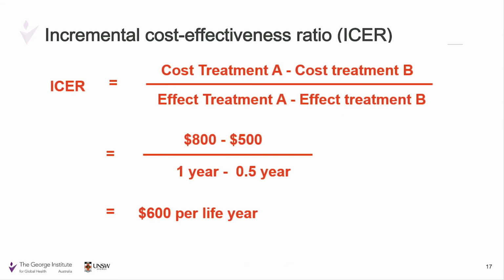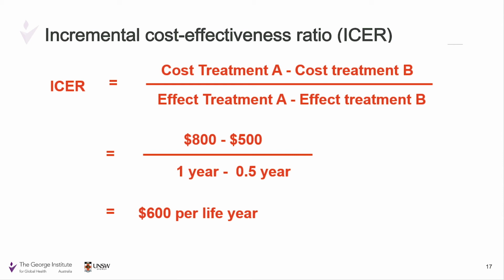Okay, so the example that I gave you of this new program, costing $800 versus $500 and saving 1 year of life as opposed to half a year of life, can now be presented as an incremental cost effectiveness ratio, which is essentially the punchline in an economic evaluation, the summary statistic, the final number that we generate when we're doing an economic evaluation.